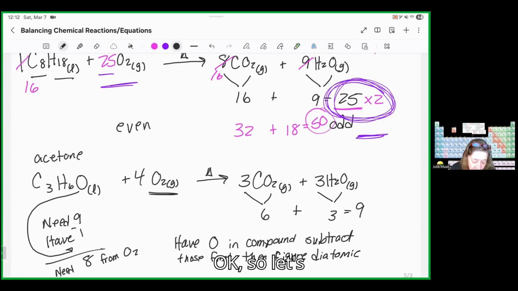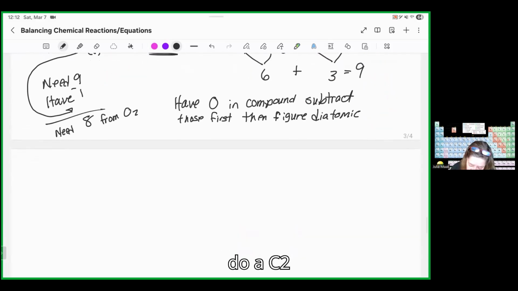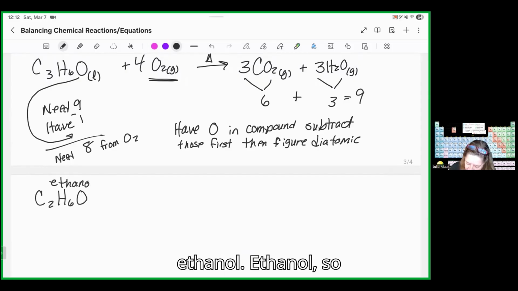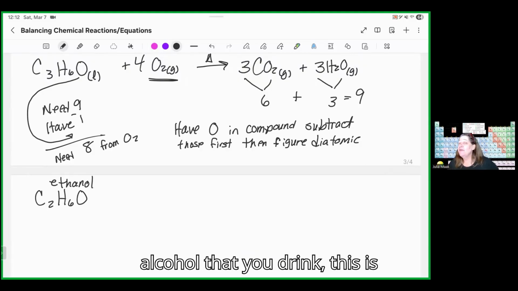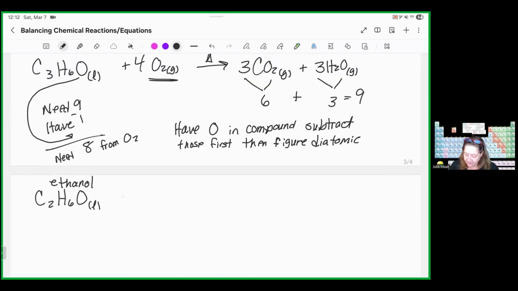Okay, so let's do a C2H6O. Okay, this is ethanol. Ethanol, the alcohol that you drink. This is how your body breaks it down. It is a liquid.